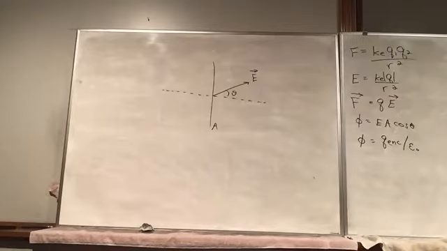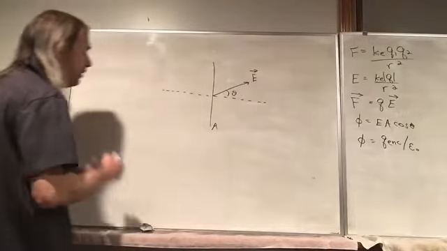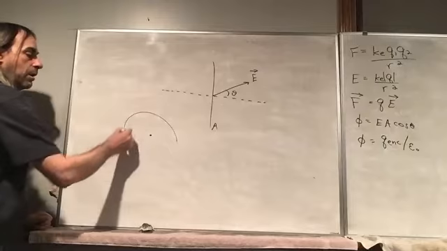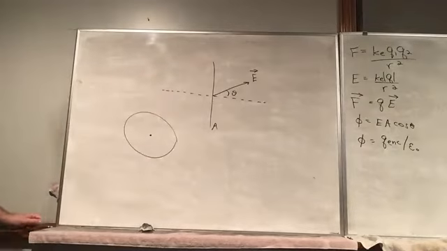Now, if you had a curved surface, that complicates things. Basically you'd have to break it up into little pieces. You can imagine a charge surrounded by a spherical surface, which is obviously curved.